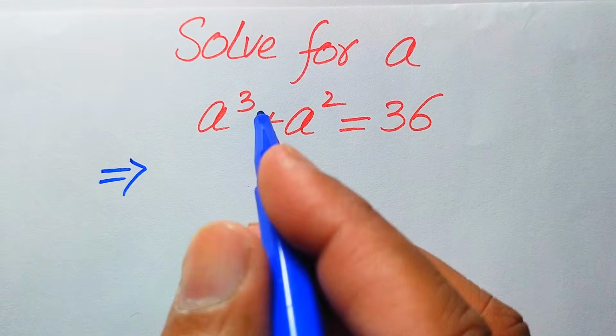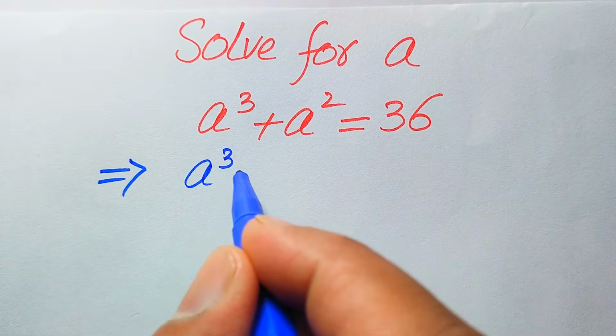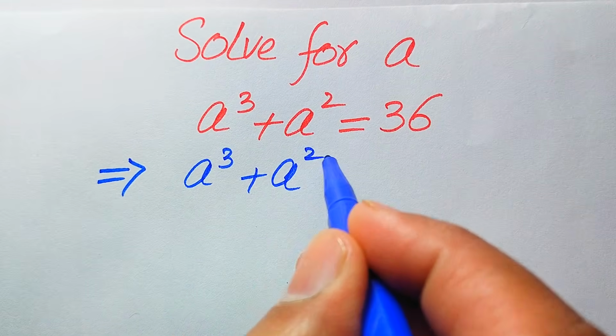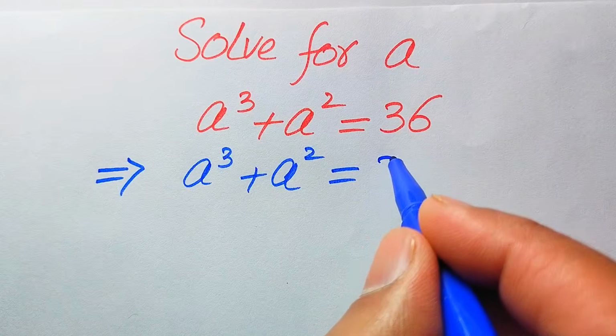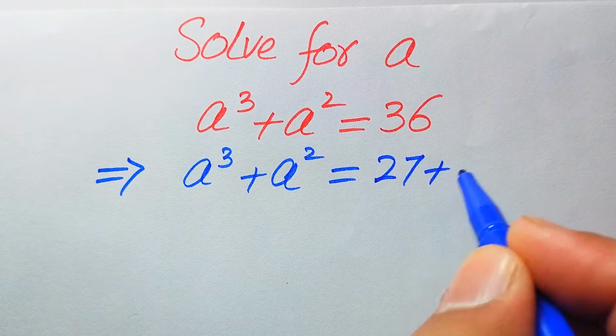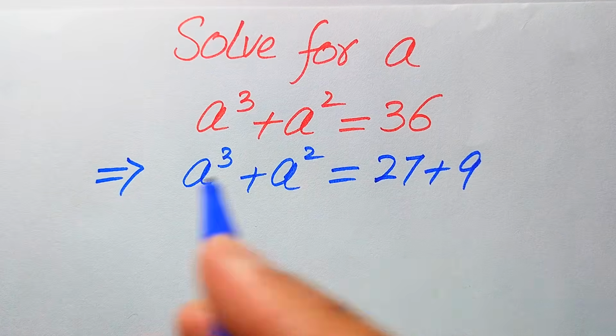So we have a cubed plus a squared, and first we rewrite this equation as a cubed plus a squared equals, we break this 36 as 27 plus 9. We know that 27 plus 9 becomes 36.